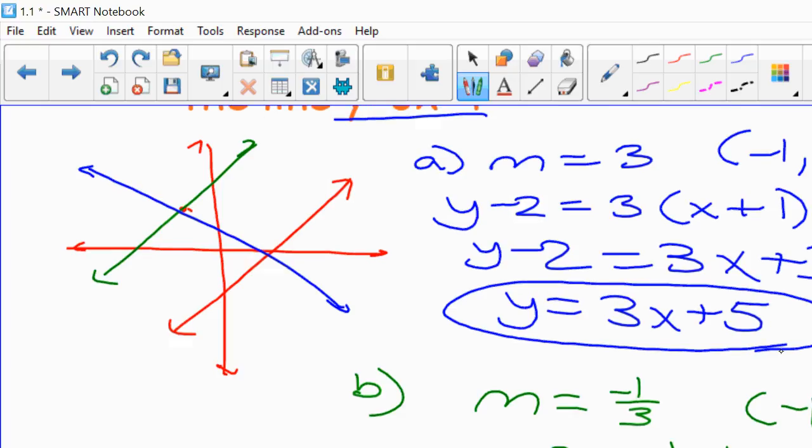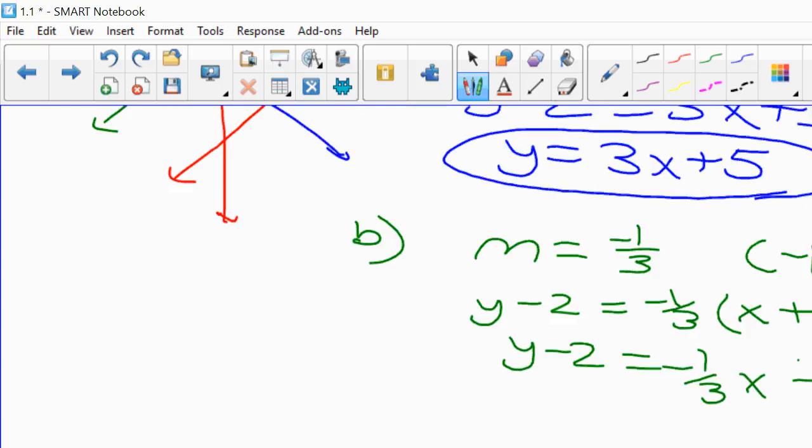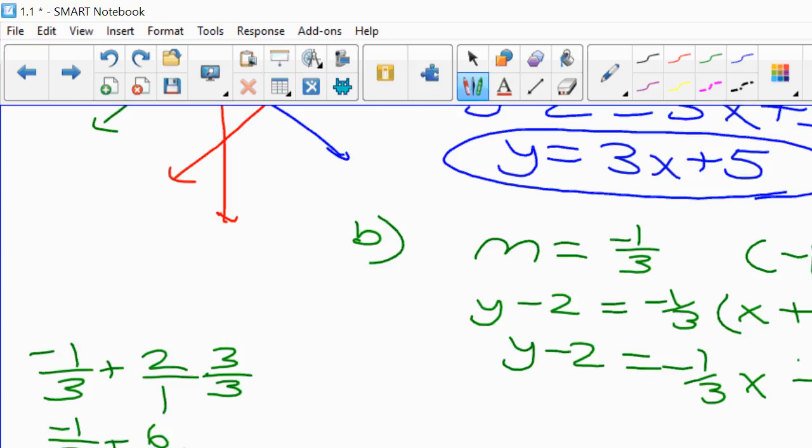This one's a nice easy fraction, but I'm going to do the work off to the side just to make sure you guys are okay with fractions. When you add 2, remember to do a common denominator. Times 3/3, so I really have negative 1/3 plus 6/3, which is 5/3. Oops, I wrote minus 2.